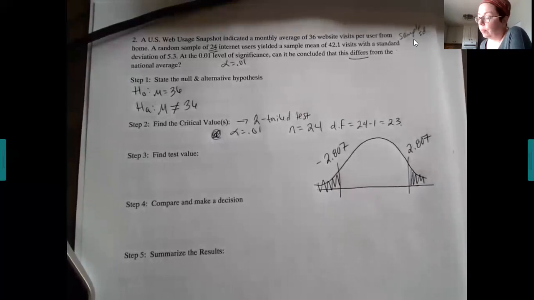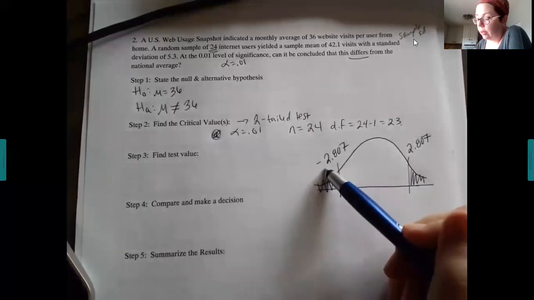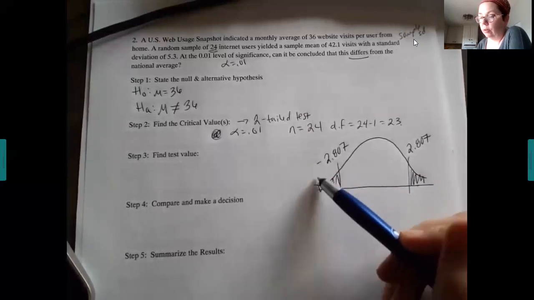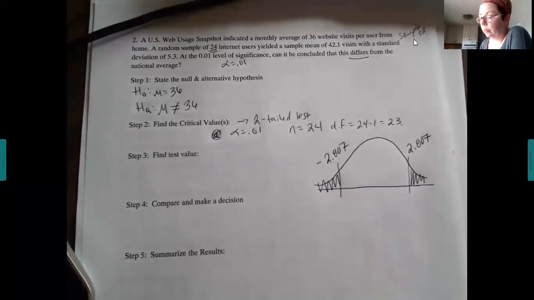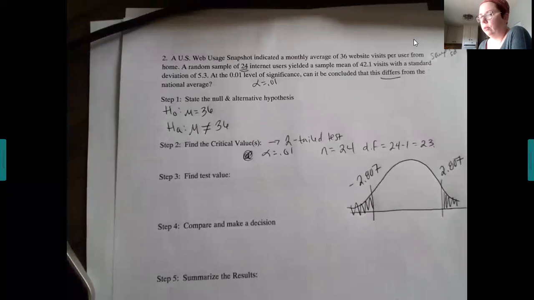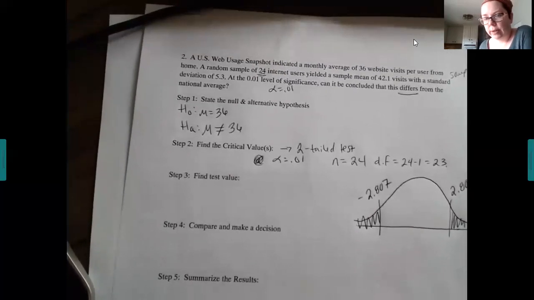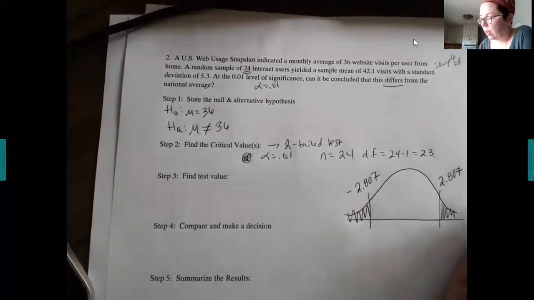Or it could be negative, and if it's more negative than negative 2.807, it'll be in this rejection region. And again, we're only doing one number, so it only makes sense it has to fall on one side. So don't expect that you're supposed to get two values and try to do it twice. You're just doing it one time.